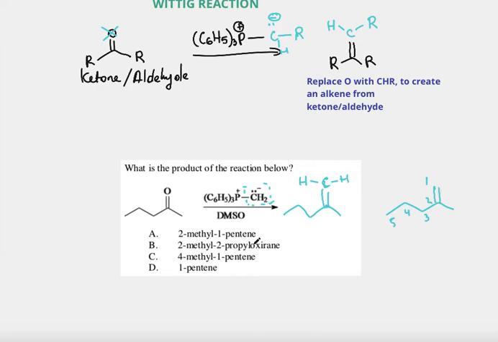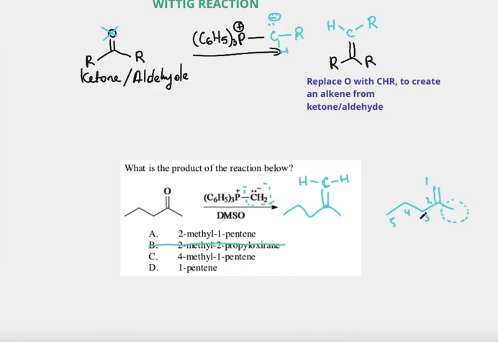And so I must have pentene, because 5 has the prefix pent, and then I see a double bond, so it must be pentene. I have 1-pentene because my double bond is on the first carbon. And then I also notice this substituent here, which is a methyl group because it's just a CH3, and it is on the second carbon.